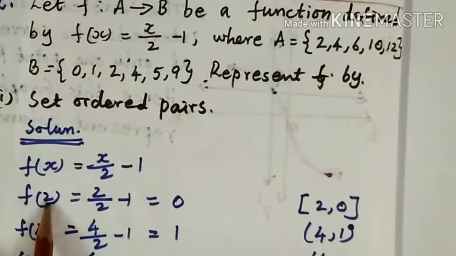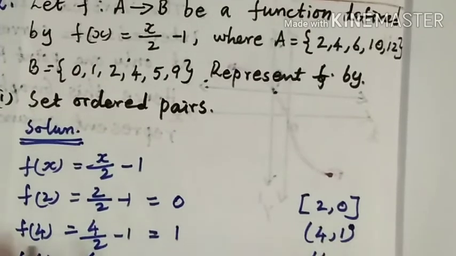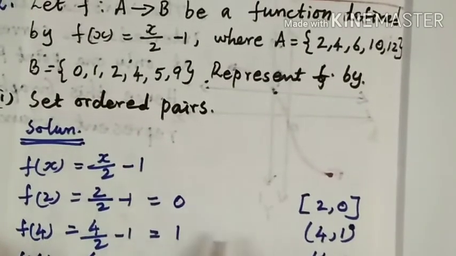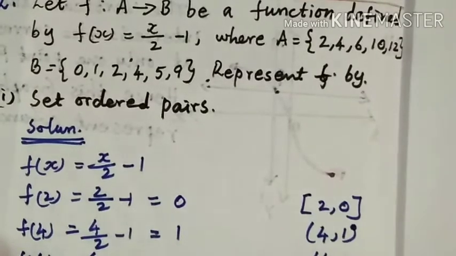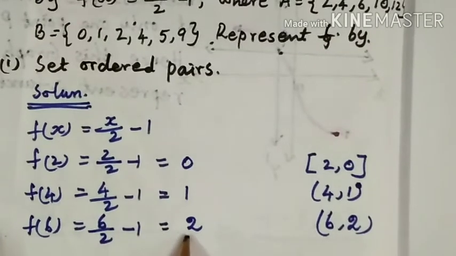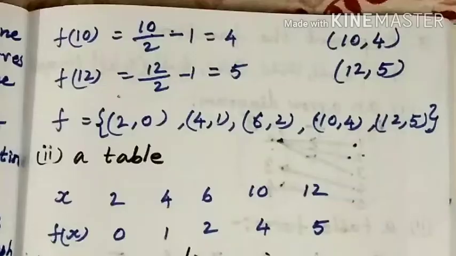Then f of 2 equal to, instead of x you apply 2, we get 0. Then the ordered pair is 2, 0. Then next element 4. That is f of 4 equal to 4 by 2 minus 1. Simplify, we get 1. Then the ordered pair 4, 1. Then f of 6 equal to 6 by 2 minus 1, that is 2. Simplify this, we get 6, 2.